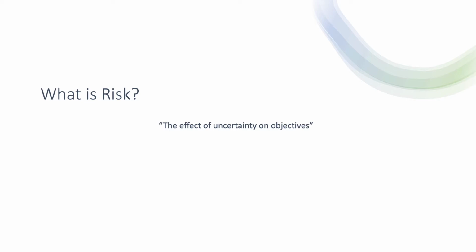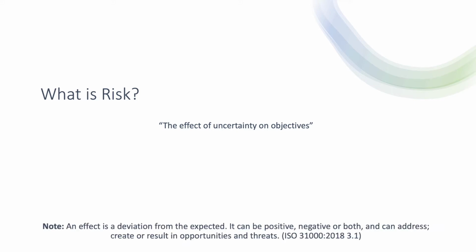But in ISO, there is a definition given: the effect of uncertainty on objectives. That's the same thing. And an effect is a deviation from the expected. It can be positive. So what the definition given by ISO is saying is that the effect is a deviation from an expected thing.